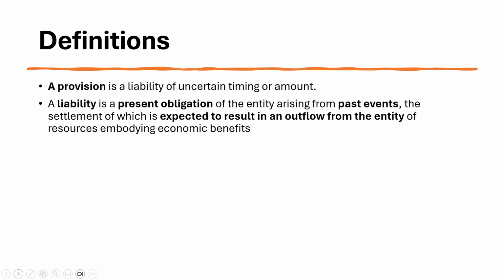Presently, we've got an obligation for the entity which arises from the past event. A past event would mean a transaction or an agreement that happened between parties to a contract, the result of which is that this present obligation will result in an outflow of economic resources from the business. The company will end up paying. Outflow of resources shall mean paying, a reduction of the value of the company through paying.